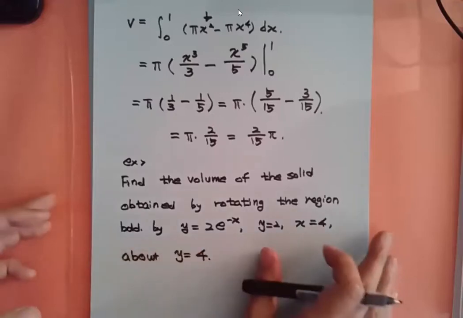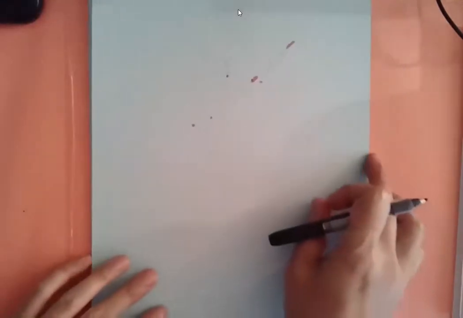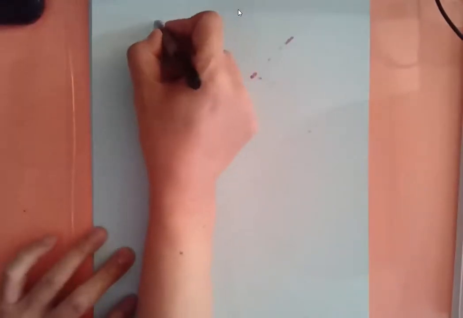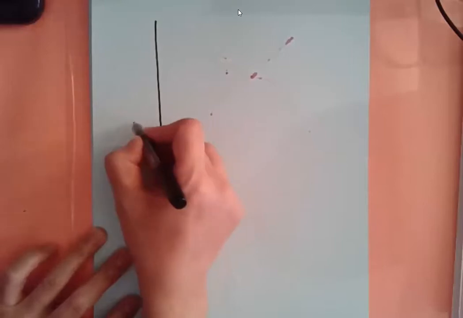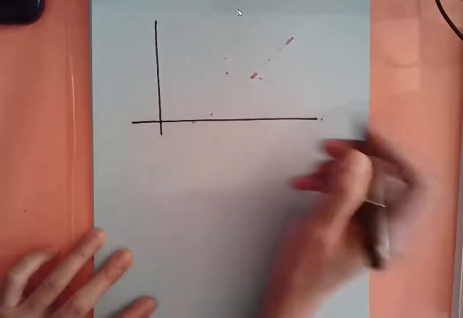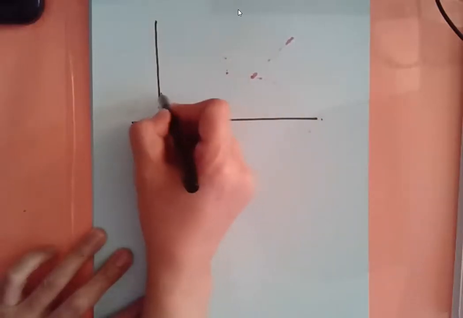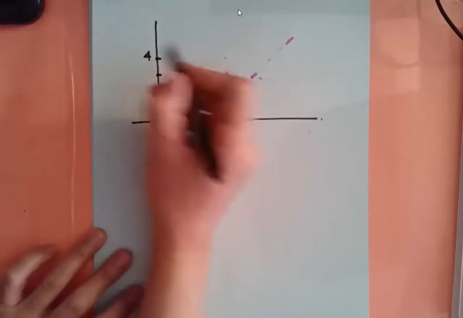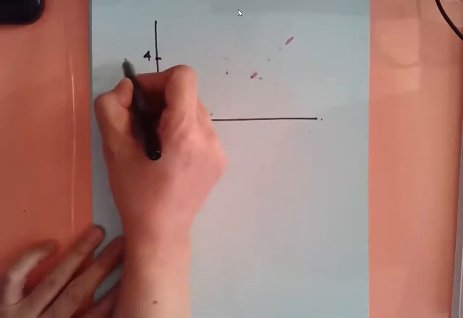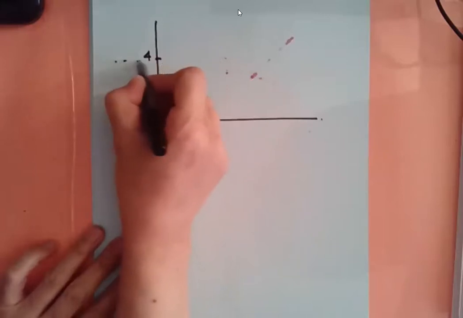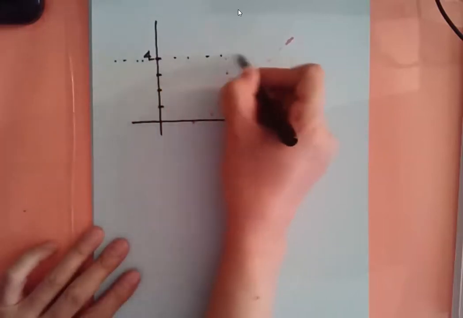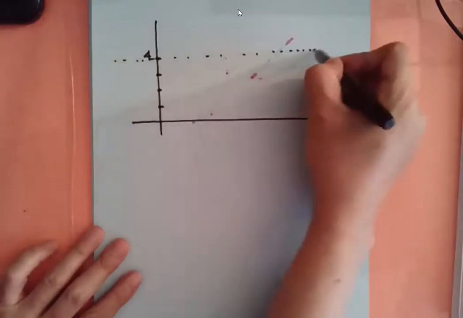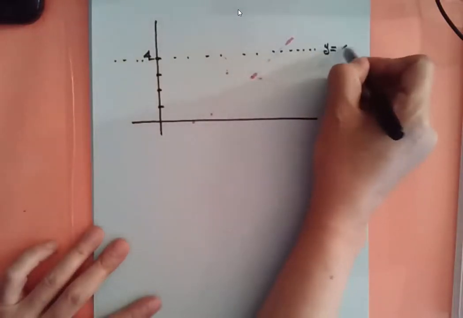Let's visualize the situation. That will be rotated around y equals 4. This horizontal line is y equals 4.